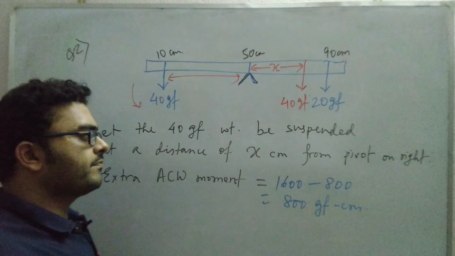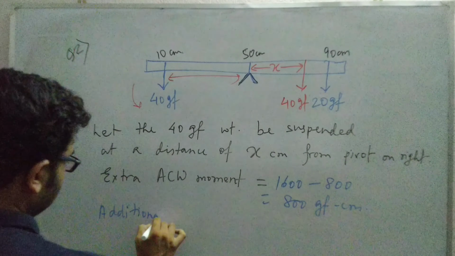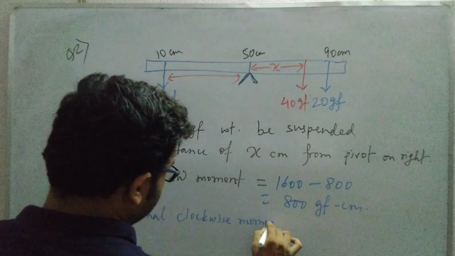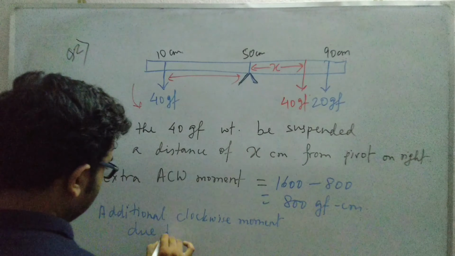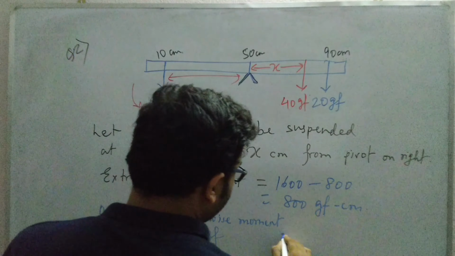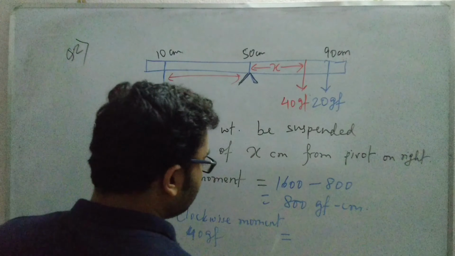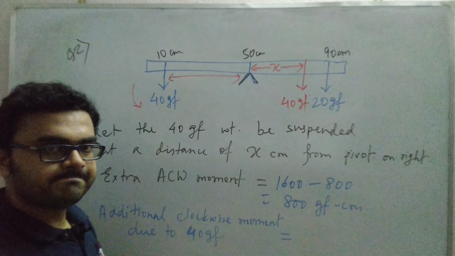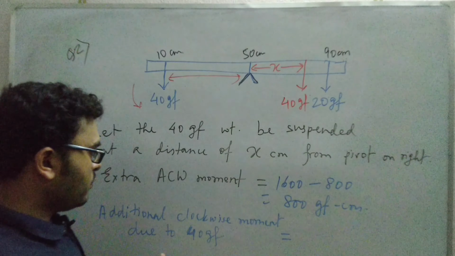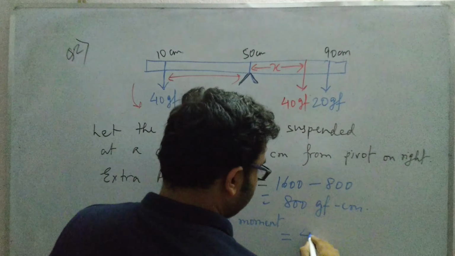So the additional clockwise moment due to 40 GF will be 40 into x GF centimeter.